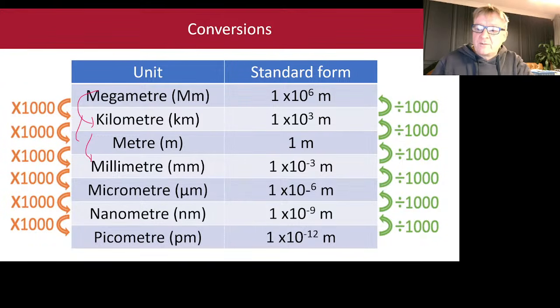It's not times 2,000, it's times by 1,000 each time. And as you're going up the table, it's divided by 1,000. So that's your conversions. And honestly, remember it. The ones that you're likely to get tomorrow are milli, micro, nano.